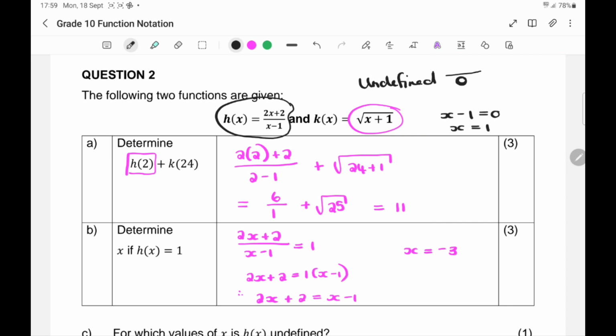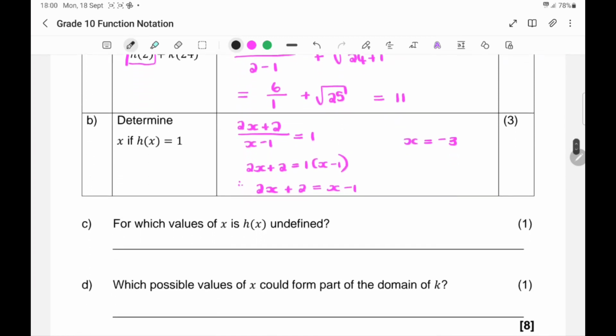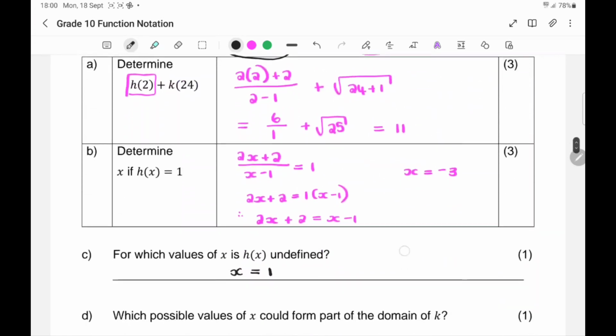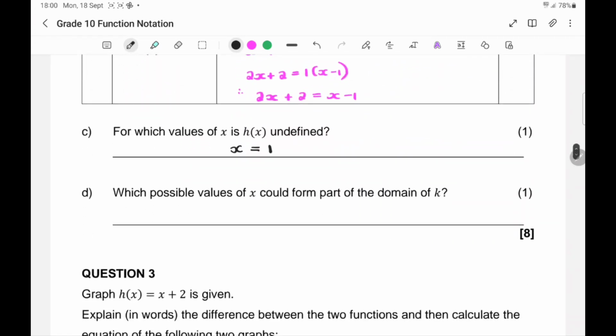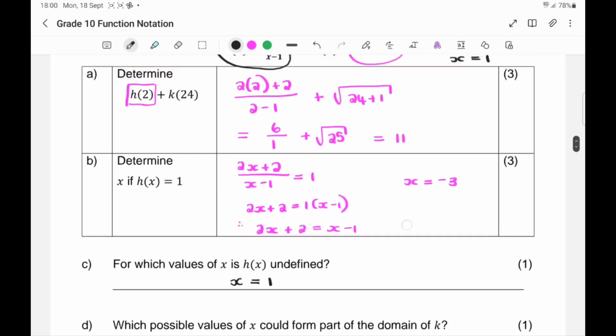So x should be 1. And you can test yourself. 1 minus 1 is 0. So to make it undefined, x must be equal to 1. Hope that makes sense. Now they say to you for which possible values of x could form part of the domain of k.